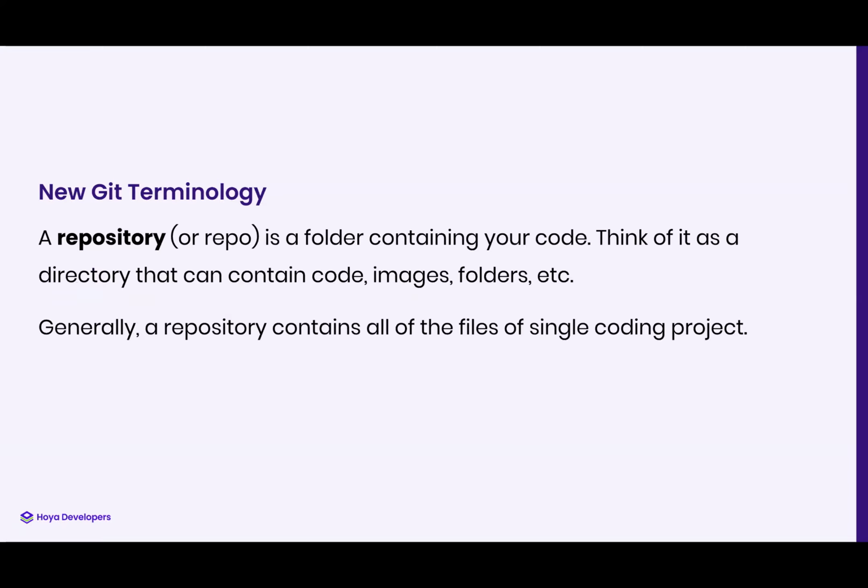With Git, we call folders repositories. So on your file system, if you have a folder that has a bunch of files in it or a folder that has a bunch of folders in it, anytime you hear the word repository, that's a folder. Not that complicated. We also call them repos sometimes.